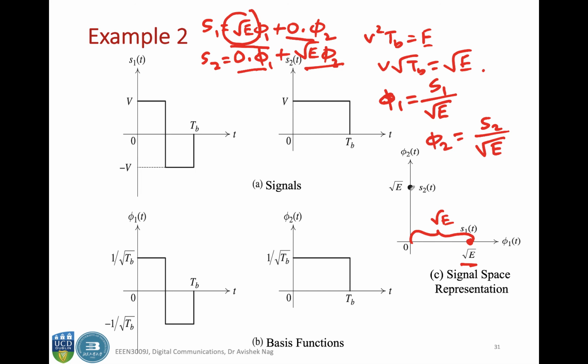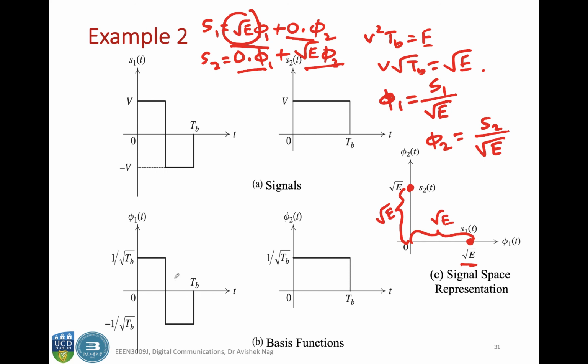So your S2 completely lies in the phi 2 axis and its amplitude is again square root of E. Okay, so these are the two signals denoted by this signal space defined by phi 1 and phi 2, and your phi 1 and phi 2 themselves look like this.